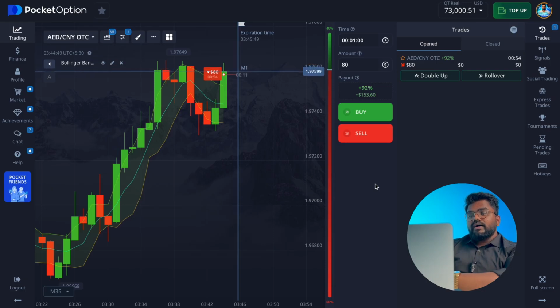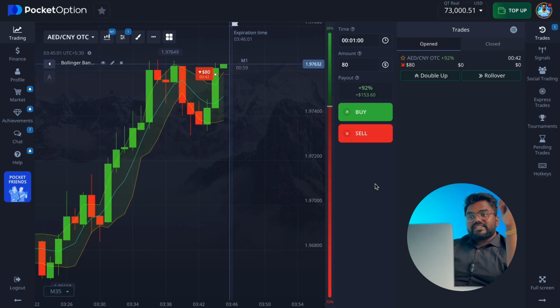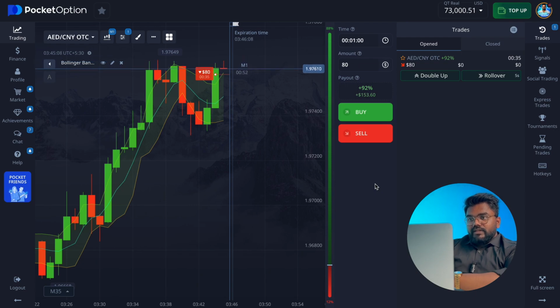Waiting for a minute, let's imagine the band actually stretched out. It means it's overbought, so there's a higher chance it will go down. And you can clearly see the candle just got closed and it's been fluctuating up and down.